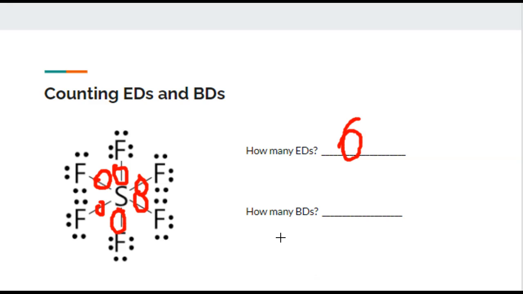And how many of them are bonding? Well, all of them are bonding. There's not a single place around that central atom that isn't bonding. So that's 6 electron domains and 6 bonding domains.